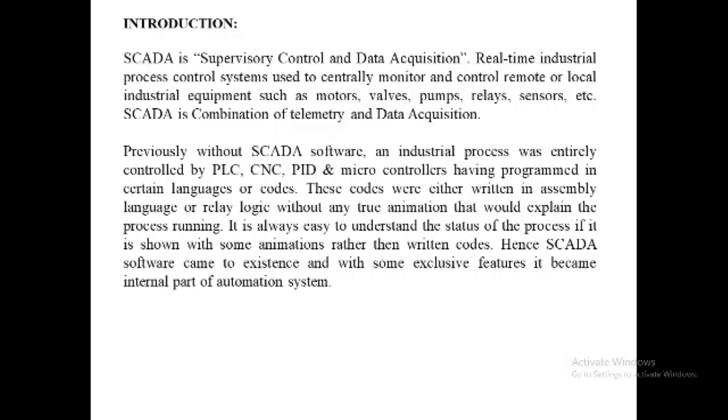It is always easier to understand the status of a process if it is shown with animations rather than written codes. Hence, SCADA software came into existence with some exclusive features. It became an internal part of the automation system.